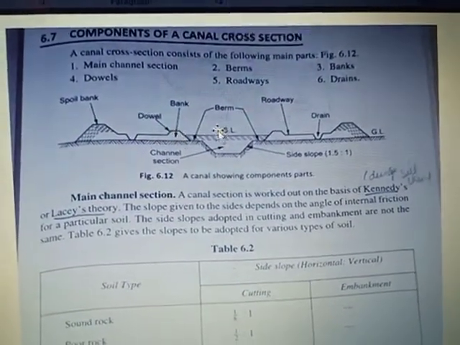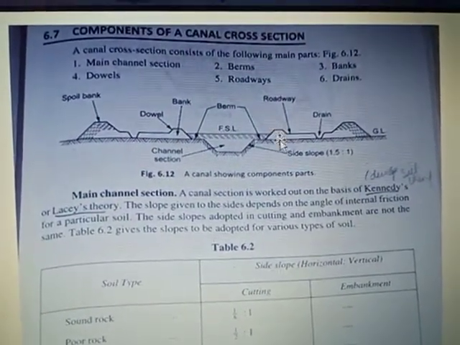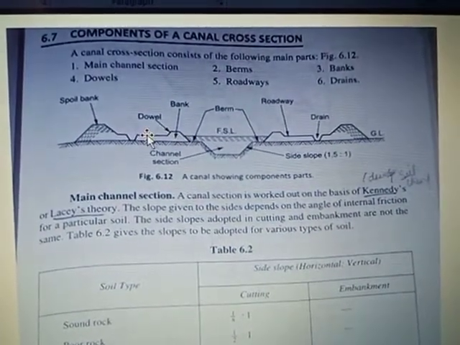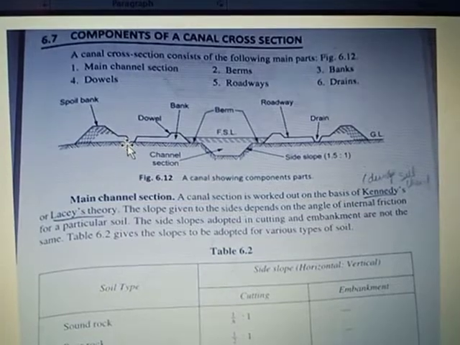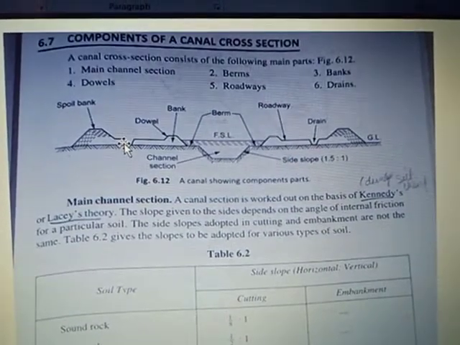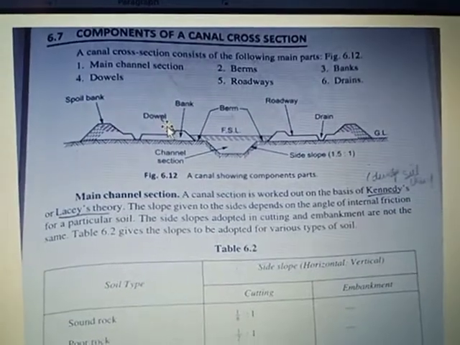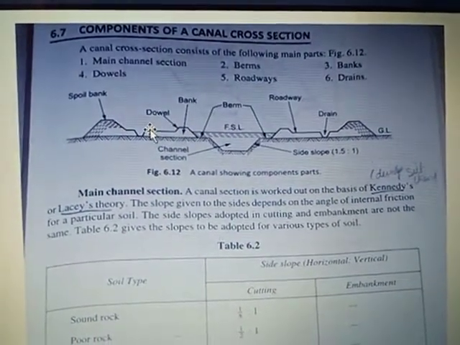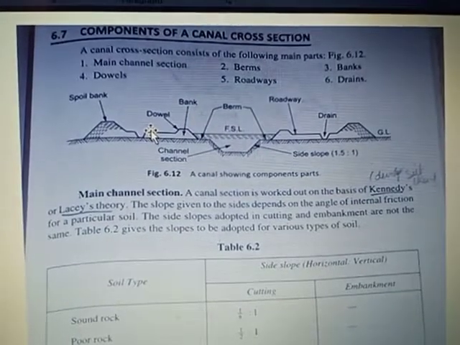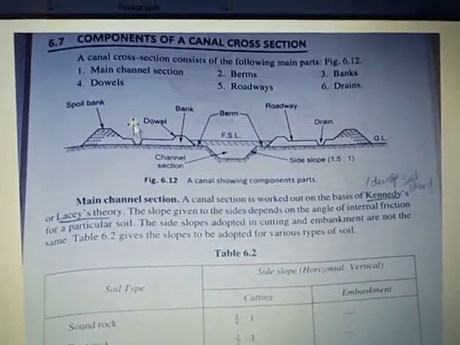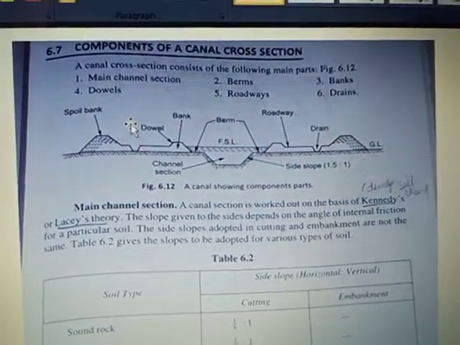Suppose it rains, then from this dowel the rain water will flow through this roadway and to the drain. You can see these are the drains, and similarly here it is also a drain. So these dowels, the raised portion over the bank, prevent the formation of gullies on the roadway, and the water will flow through the drains.